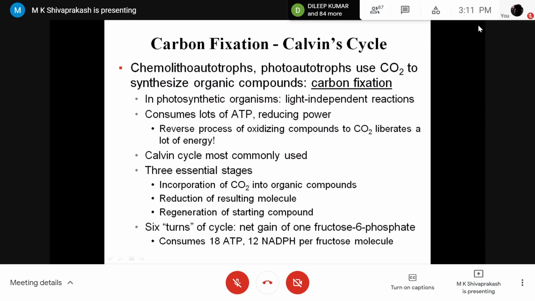Of course, both chemolithotrophs and chemoautotrophs fix carbon.